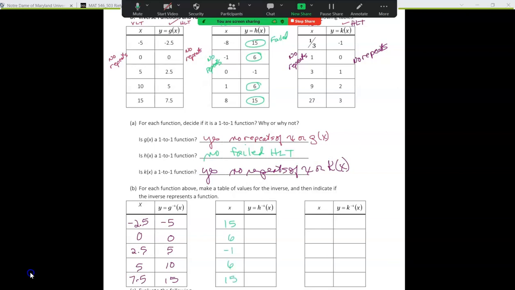Remember, this was our problem child. It's still a problem because now it shows that this is not a function, which is what we knew when we analyzed it the first time around. And then the last one, this is going to be negative 1, 0, 1, 2, and 3. 1/3, 1, 3, 9, 27.